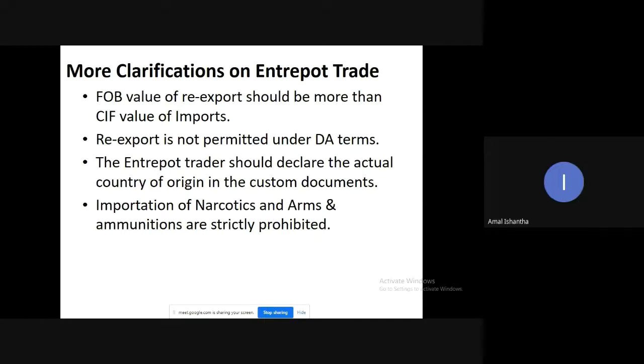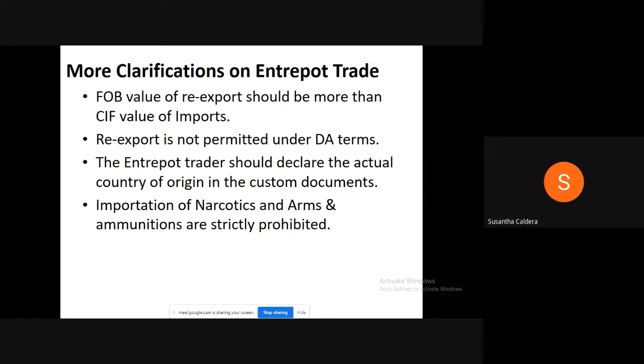Can you tell us why it is not allowed under DA terms in Sri Lanka? No, this is the central bank regulation. If it is DA terms, who is this guy, the importer, the supplier is the China guy, then either you have to pay from your own money or you have to ask for bank's facility.